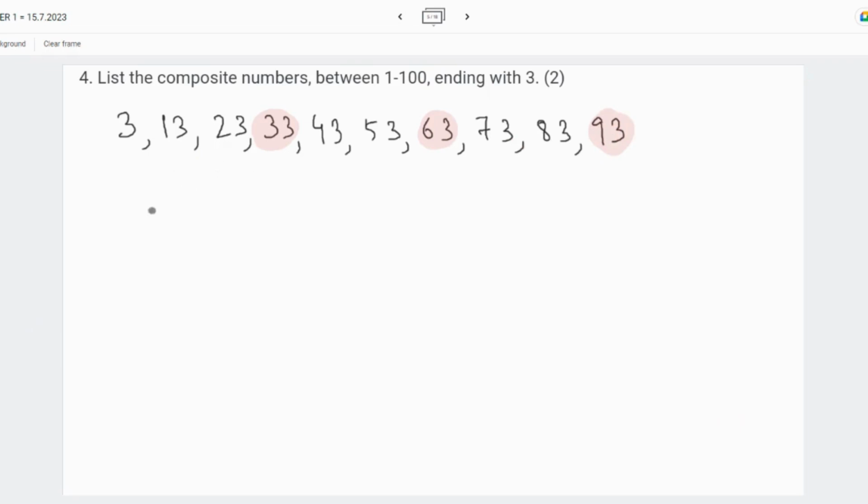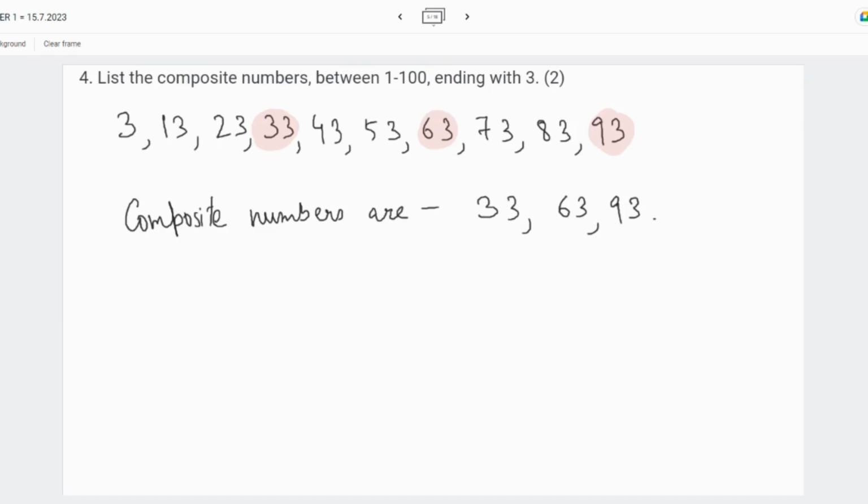So we got our answers. These are the composite numbers, and all the rest which I have not marked in red, they are prime numbers. 3, 13, 23, 43, 53, 73, 83 are all prime numbers. The composite numbers are 33, 63 and 93.